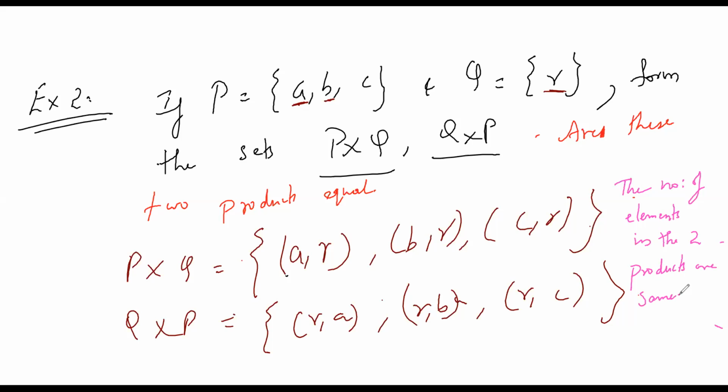Three elements are there in each set. But P cross Q is not equal to Q cross P, because by the definition of the ordered pair, AR and RA are not equal.